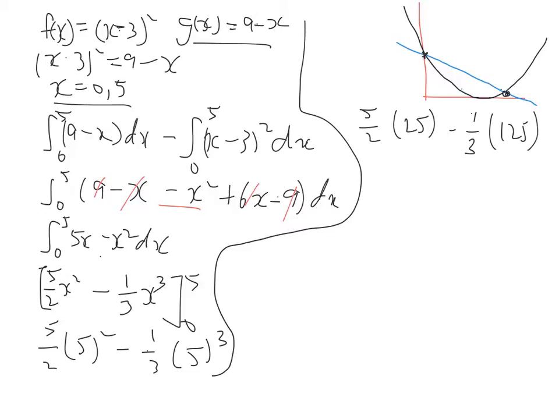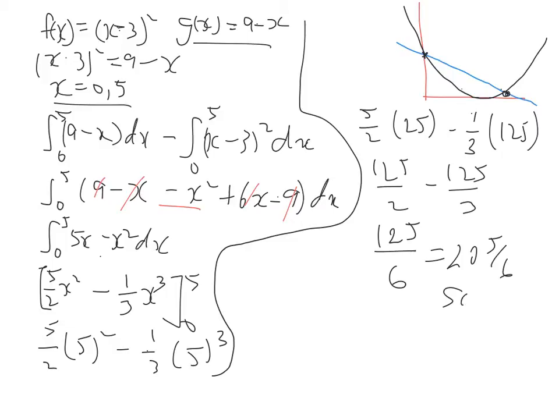And from there we've got 125 on 2 minus 125 on 3. These are two fractions, and we simplify. We end up with 125 over 6, or 20 and 5/6 square units.